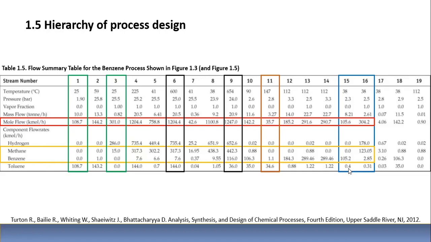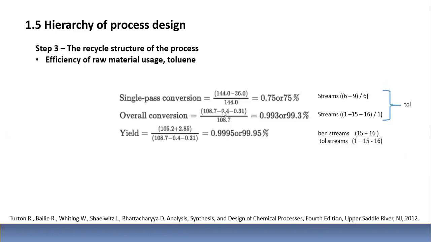On stream 15, we have 0.4 kilomoles per hour of toluene with 105.2 kilomoles per hour of benzene. So 15 and 16 are 0.4 and 0.31 kilomoles per hour of toluene leaving the process, and stream 1 is 108.7 kilomoles per hour coming into the process.